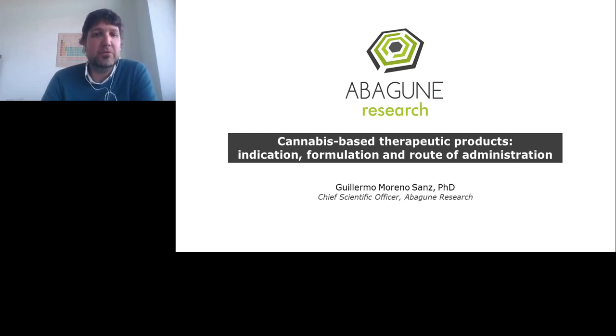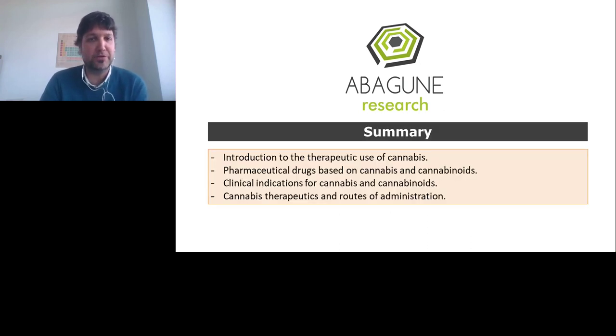Then we'll investigate a little bit the indications that are either approved or recommended for cannabis and cannabinoids, the different formulations that we can find in the market to exploit the pharmaceutical action of cannabis or cannabinoids, and how different routes of administration might be preferred depending on the indication and the formulation we want to use.